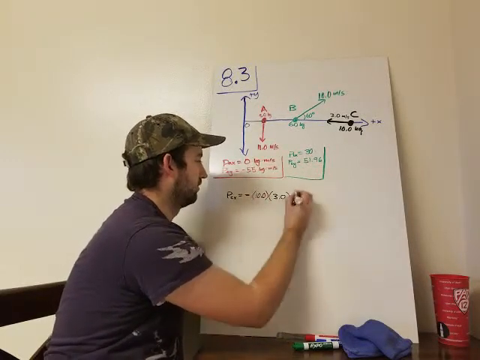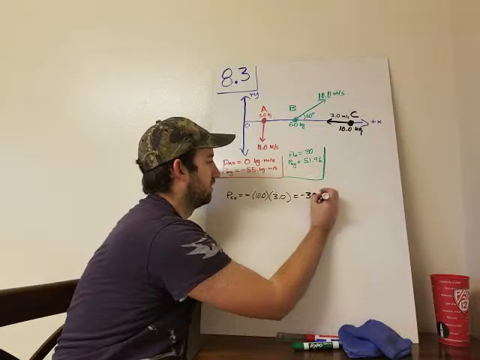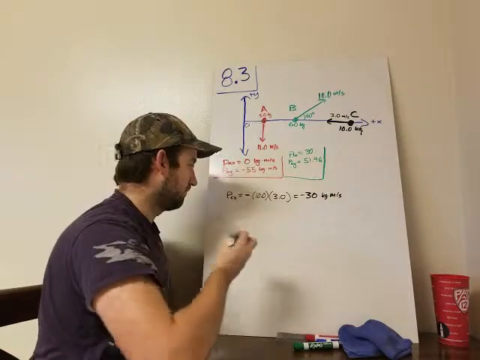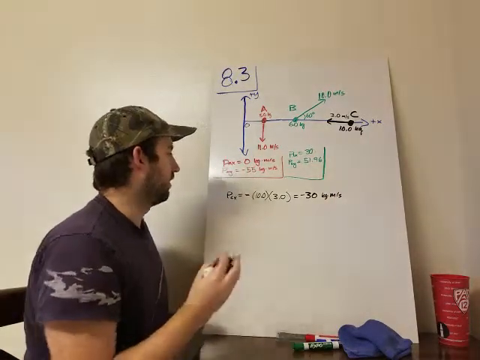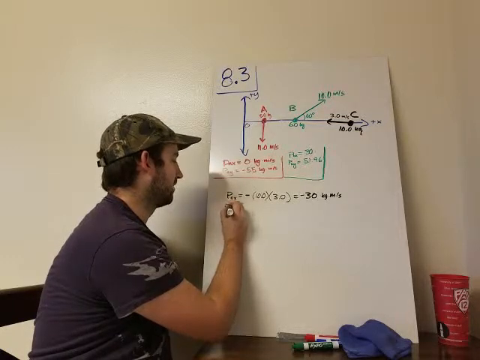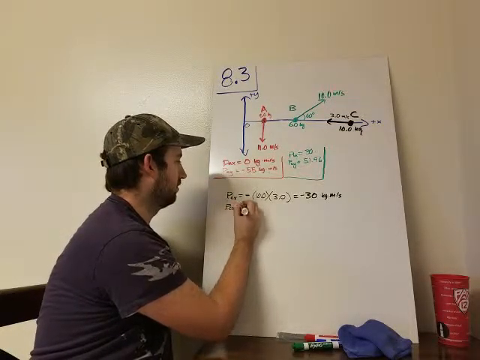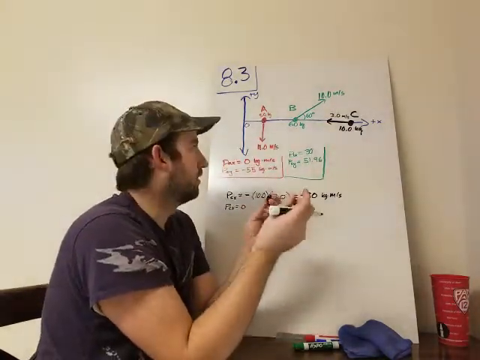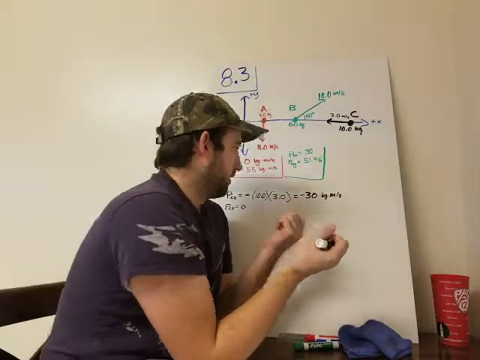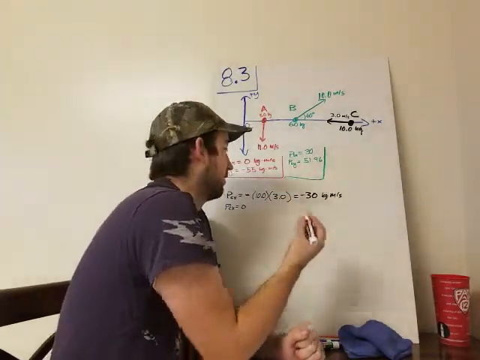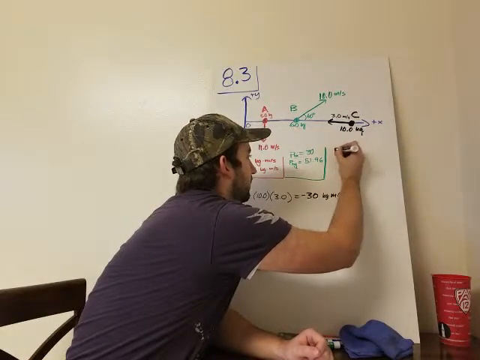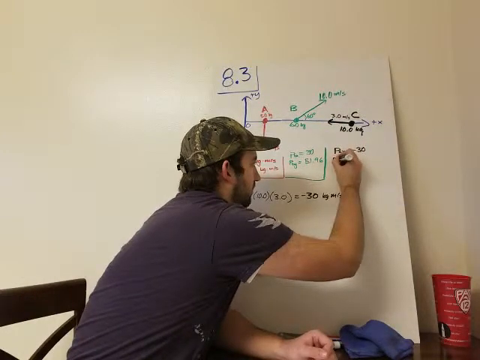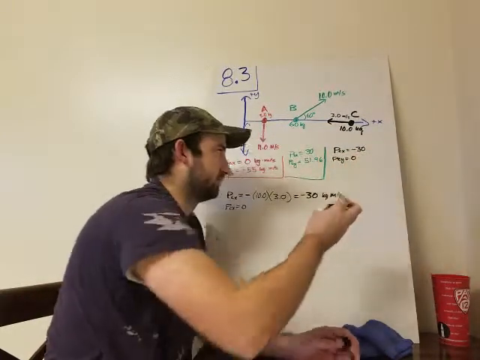So that ends up being negative 30 kilogram meters per second. So that's x, and the momentum in the y direction is going to be 0 because there's nothing going in the y direction. So that's it for all of our different components. So P Cx equals negative 30 and P Cy equals 0.